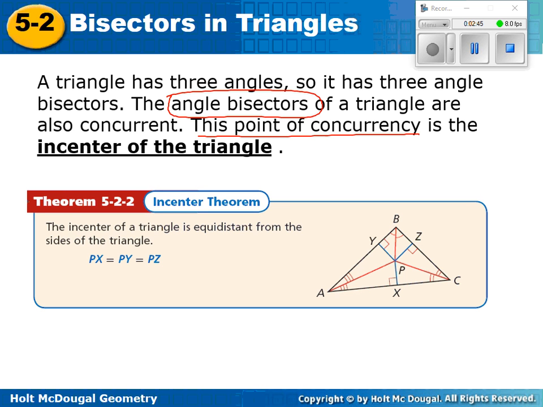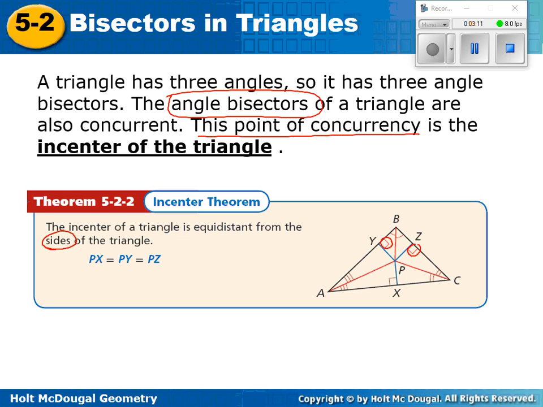Okay, so if you draw in the angle bisectors, where they intersect will be at a common point called the in-center, and then the in-center theorem says that that point is not going to be equidistant to the angles, because that's what you just went through to create them. It is going to be equidistant to the sides, but when you draw that distance, it has to be drawn perpendicularly.